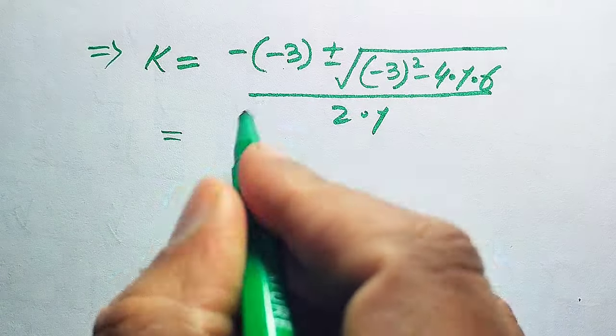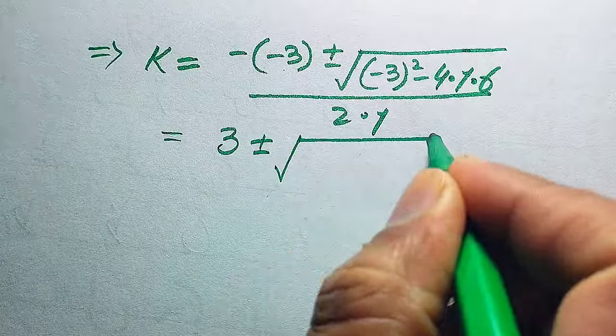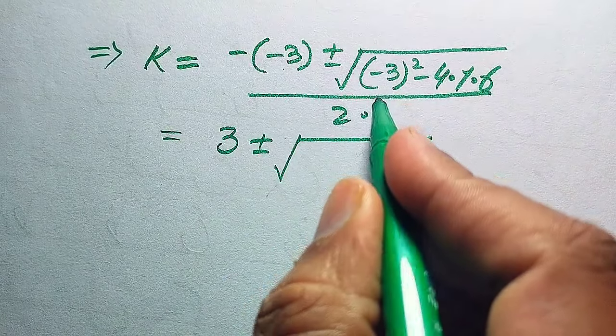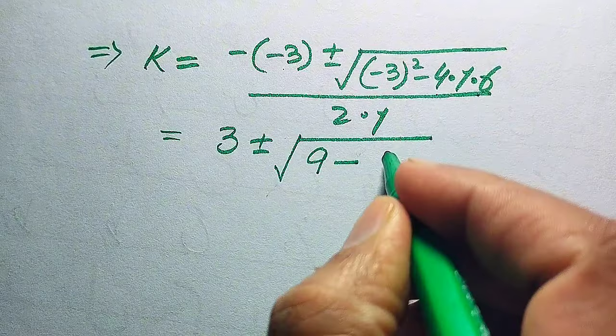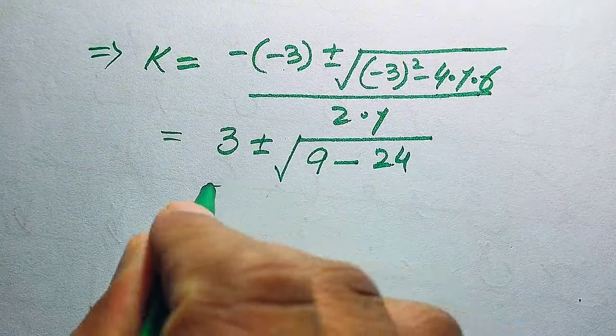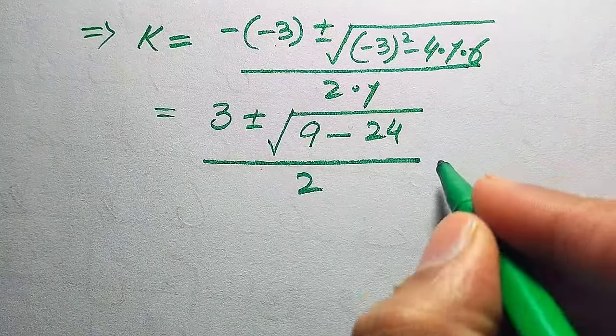So further, in the next step we need more simplifications, and it will be written as minus times minus becomes plus 3, plus minus square root of minus 3 square, which becomes 9, minus 4 times 6 becomes 24, divided by 2 times 1, which is 2.